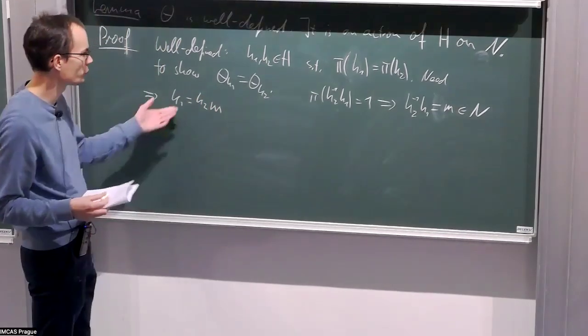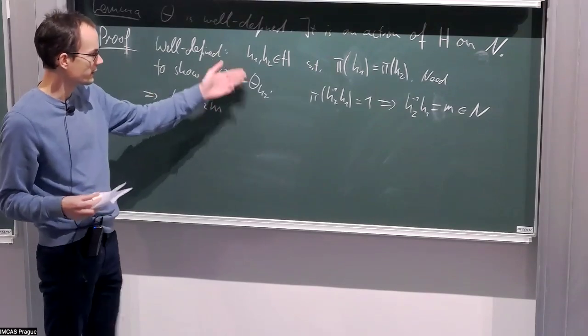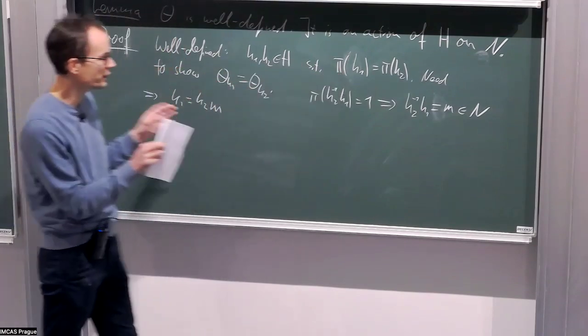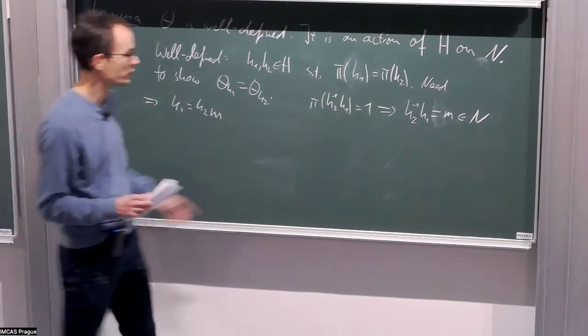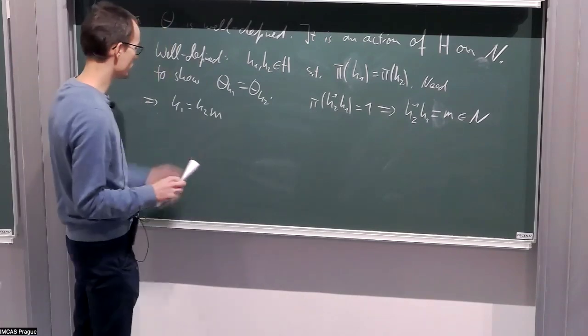Now, what I have just shown basically is that these equivalence classes are cosets, right? But you can always write them like this.